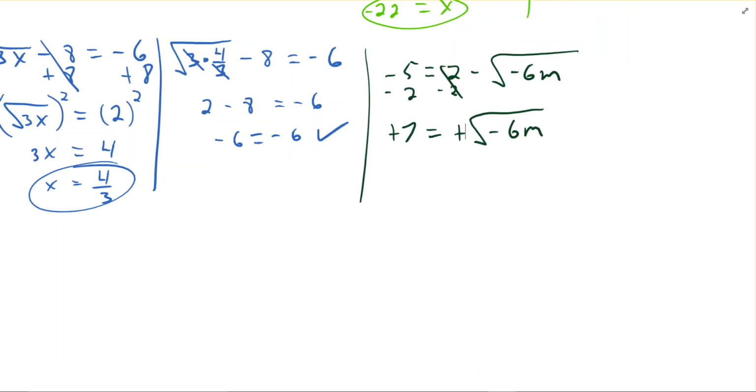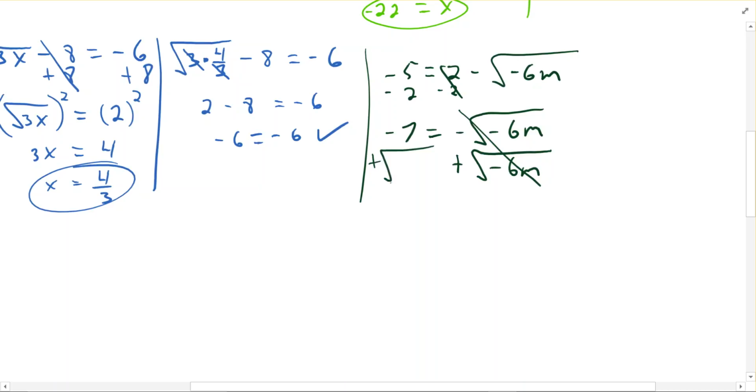Hopefully that made sense. The other way of thinking about it, and I'm going to show you a bunch because different students like thinking about it differently, is I could add this whole thing here, square root of negative 6m. So those would be 0, and then add square root of negative 6m to this side.